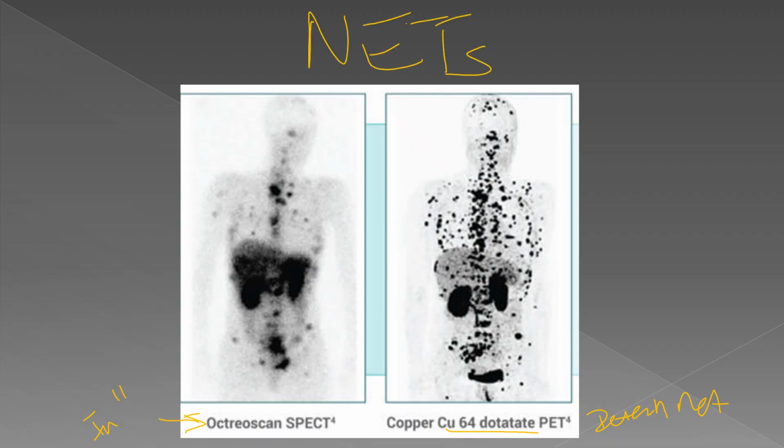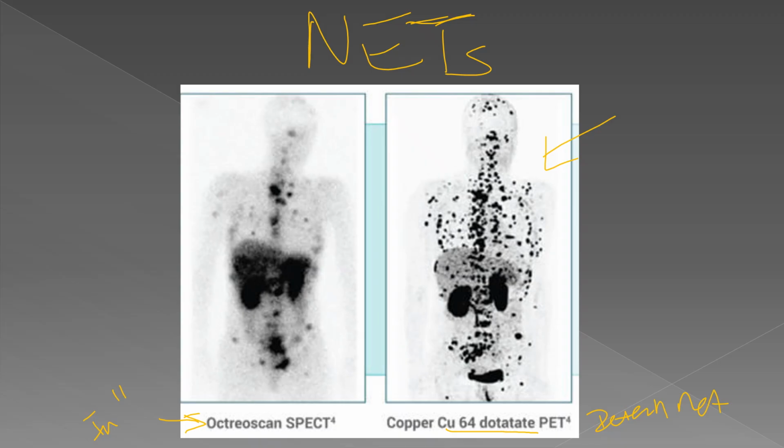Neuroendocrine tumors we haven't talked about yet, but they're very, very tricky to image and treat. They're known as a zebra because they will often mask themselves as other diseases or be asymptomatic until they look like this. So this is the same patient with Octreoscan SPECT versus the copper-64 DOTA-TATE.